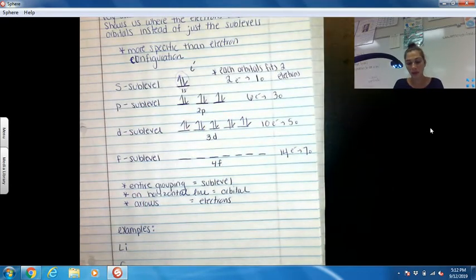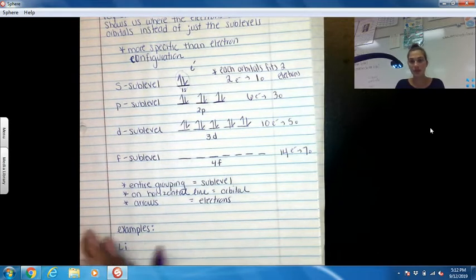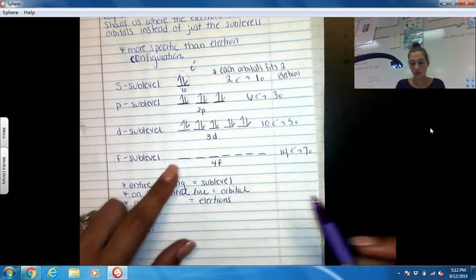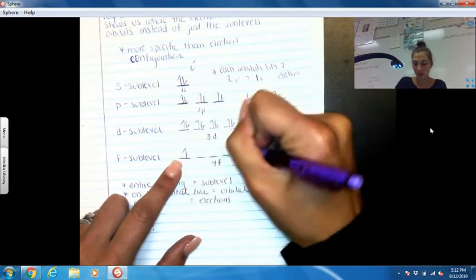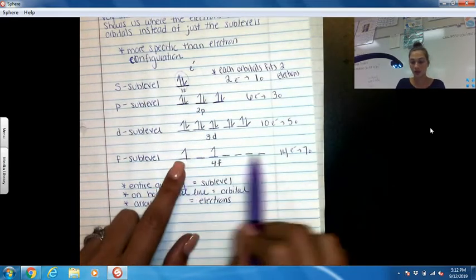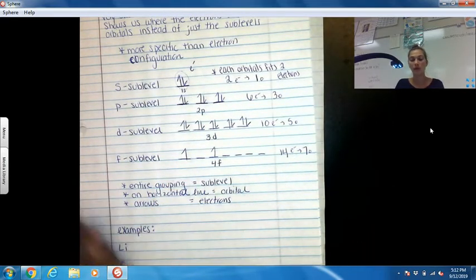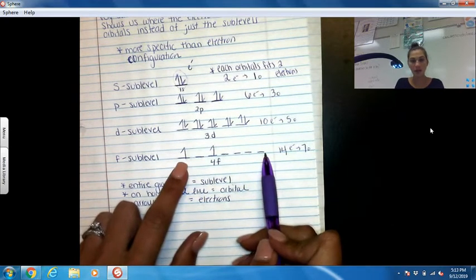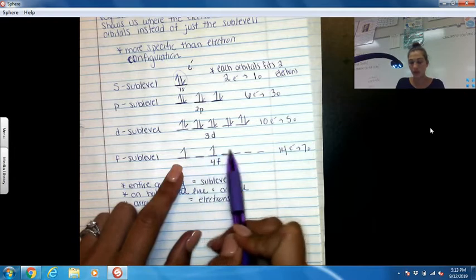Now, we always fill from lowest energy to highest energy. So we can't fill in here and then here. We have to go in order. So we go in order from lowest sublevel to highest sublevel. And then when we're in the sublevel, we go in order of orbitals.